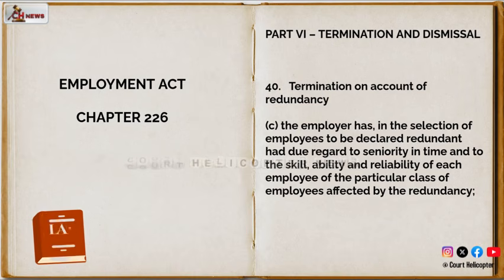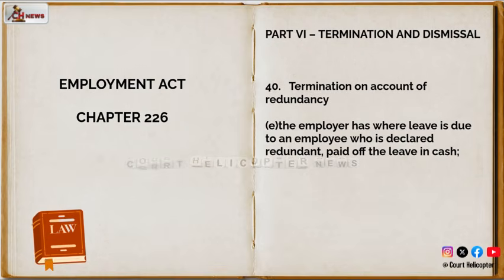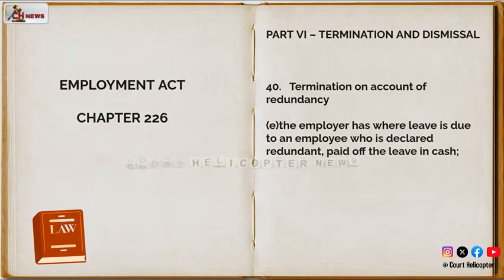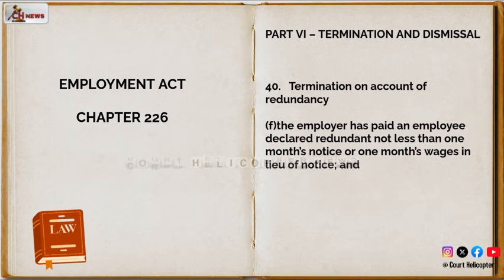So redundancy must take in skill, must take in seniority, those who were employed earlier and those who are employed later. Then it also goes to say the employer must pay all the remaining leave days. The employer must also pay the 1 month's wages in lieu of notice.